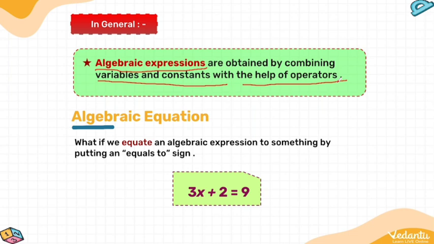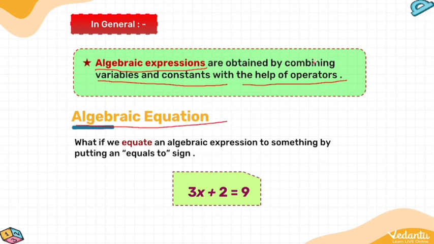We use these operators for defining the variables and the constants in the expression. There can be a use of the positive sign, the divide sign, or the multiplication sign. As per the situation, we use them.